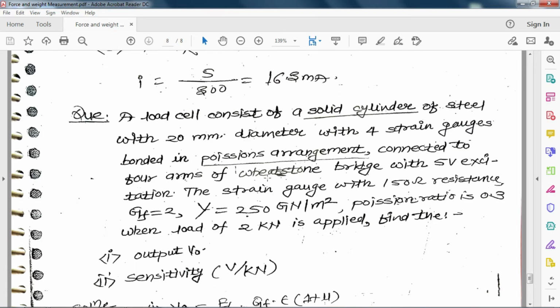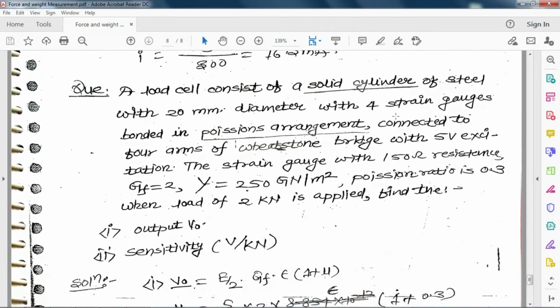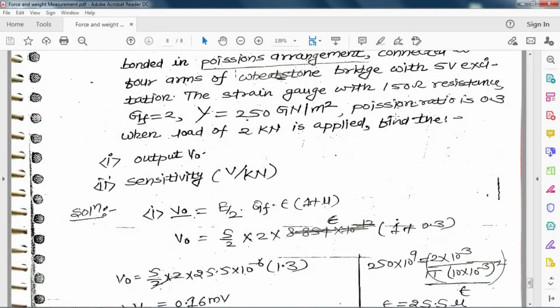The strain gauge has 150 ohm resistance, gauge factor is 2, and Young modulus is 250 giganewton per meter square. Poisson ratio is 0.3. When a load of 2 kilonewton is applied, find the output voltage.